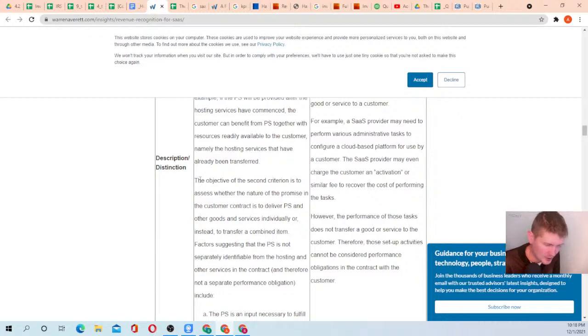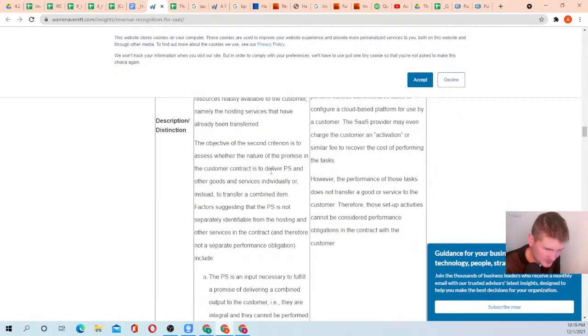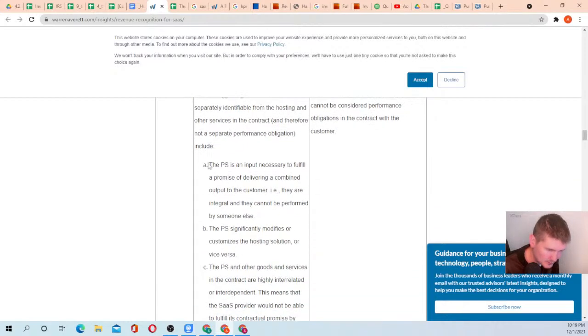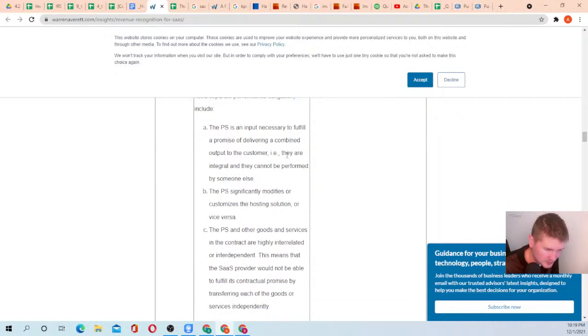Okay, so the objective of the second criterion is to assess whether the nature of the promise in the customer contract is to deliver professional services and other goods and services individually, or instead to transfer a combined item. Factors suggesting that the professional service is not separately identifiable from the hosting and other services in the contract include: professional service is an input necessary to fulfill a promise of delivering a combined output to the customer.